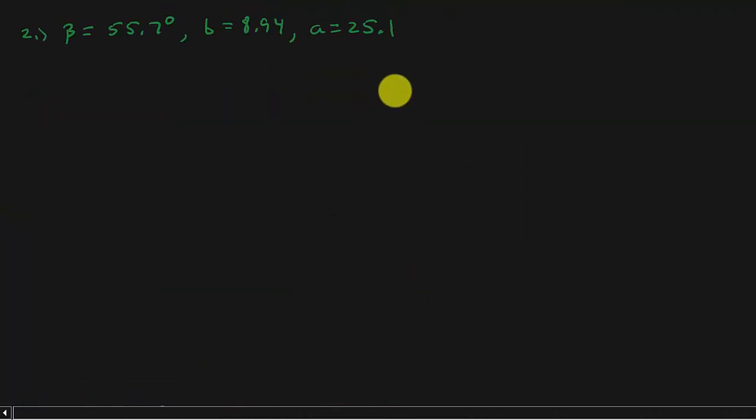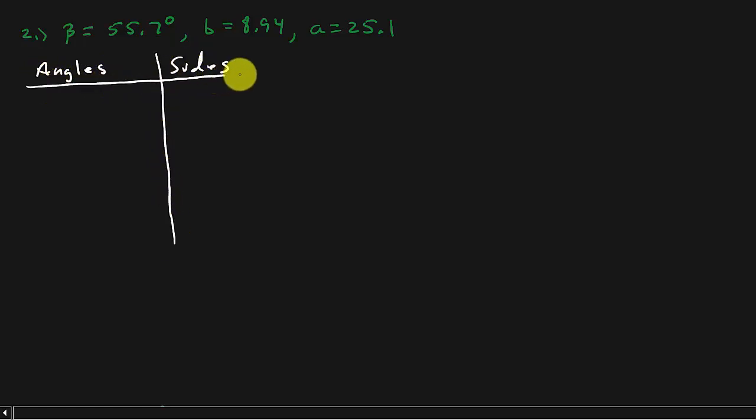All right, next problem. Same thing. Let's make out a table. So I've got angles. I've got sides. So alpha, well, I don't know that. Beta is 55.7.